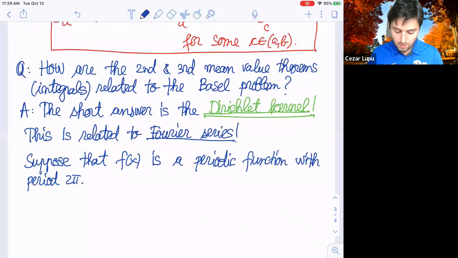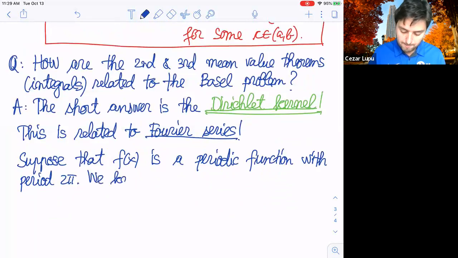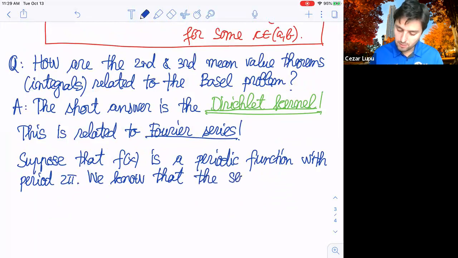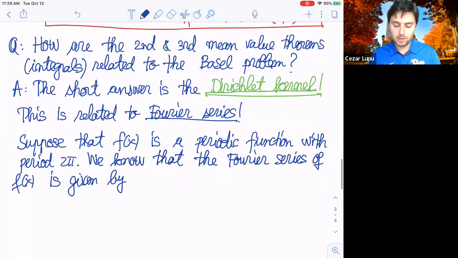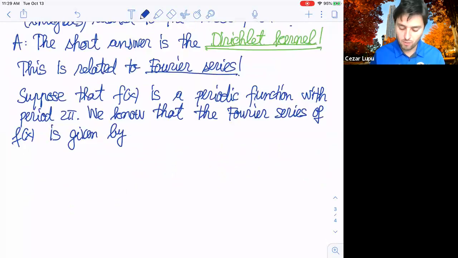We know that the Fourier series of f of x is given by the following expression. I'm going to write it in this form.